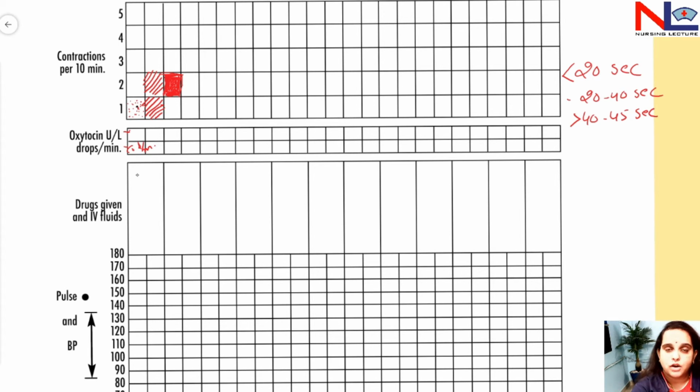And apart from the oxytocin, if you are administering any other drugs like antibiotics or any other sedatives, or you are infusing any other IV fluids, you can write in detail here which drug it is, how much dose, and at what interval you are giving the drugs to the mother.